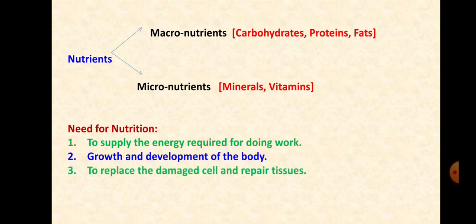Next, you have to replace the damaged cells and repair the tissues. A very day-to-day example we'll take. When you fall while playing on the ground, or when you are injured or anything such, when you have bruises on your hands, on your legs, gradually after a few days, when it is healing, you will see a light pink color skin layer developing.